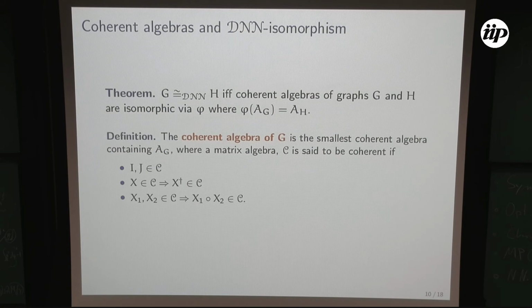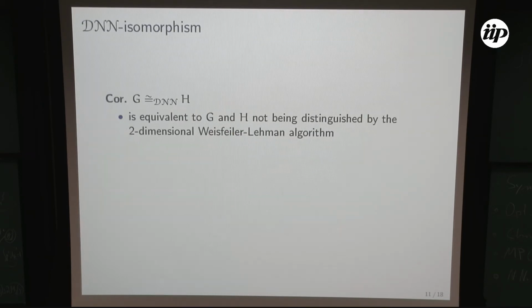And so the two graphs are DNN-isomorphic if and only if the corresponding algebras are isomorphic. This is a studied relation on pairs of graphs: when do two graphs have isomorphic coherent algebras? Therefore, we get some connections to descriptive complexity and logic.